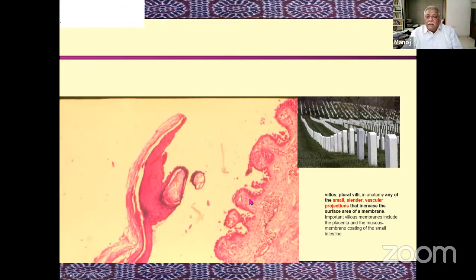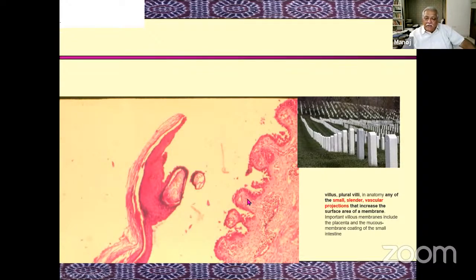So, as you see here, the papilla becomes very prominent because the cells which were giving it shape around it by pulling it have lost their attachment. So you have the papilla here, but it's obviously looking different from a normal papilla. And this has also been given the name of a villus.